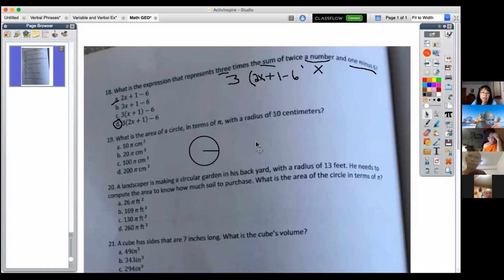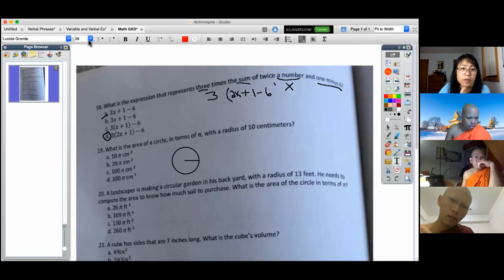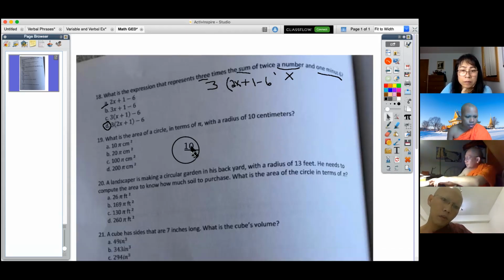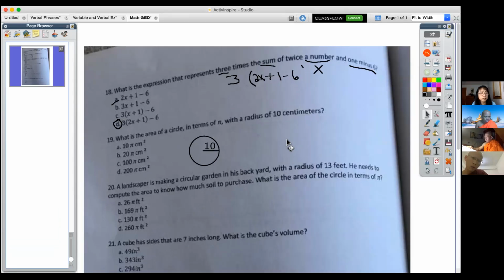You remember the formula for your circle? Do you remember the formula for your circle? She sent this to you, right?